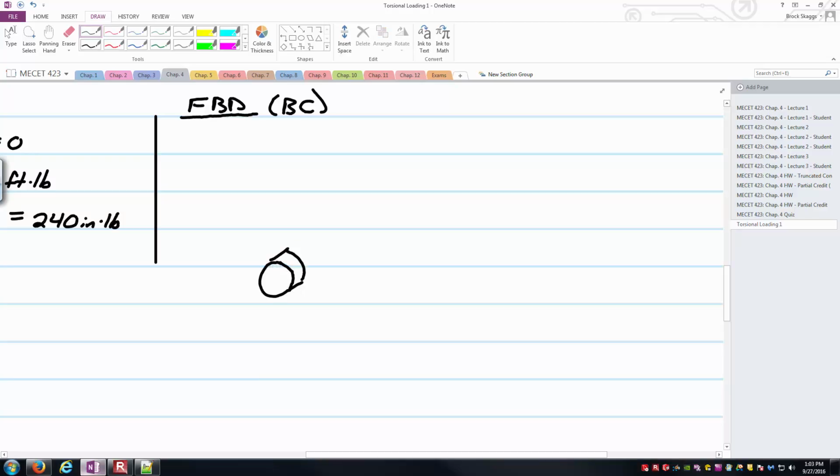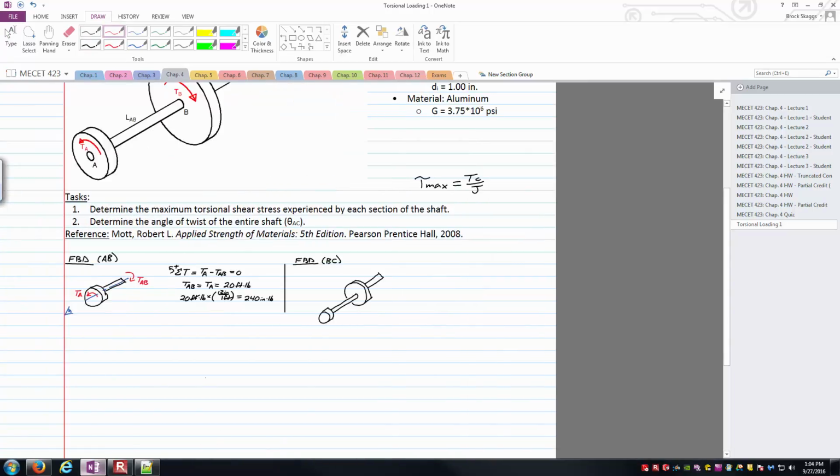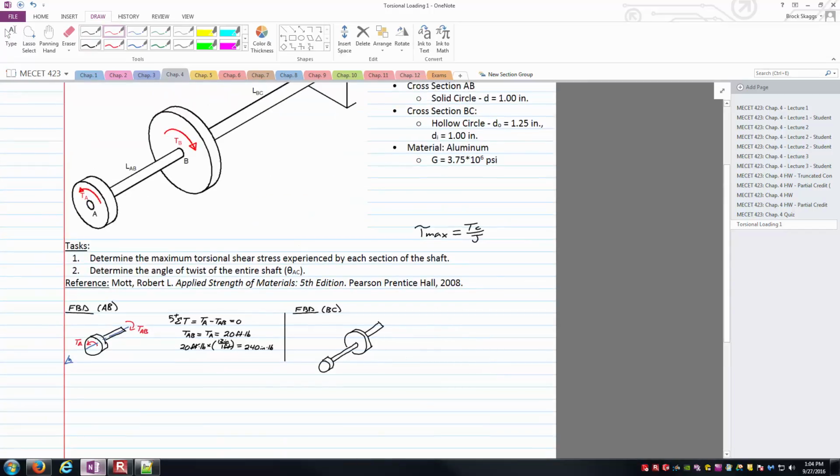Here's the smaller of those two pulleys at A. Come back here, we've got the bigger pulley at B. And then back behind it, we've got some material, and then we made a cut here. As far as the externally applied torques, that would be the T sub A and T sub B that we have above. And so T sub A, just to remind us, is going in the counterclockwise direction, and T sub B is going clockwise.